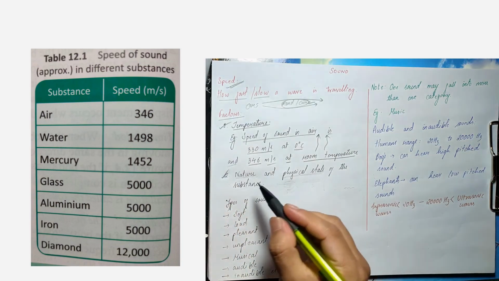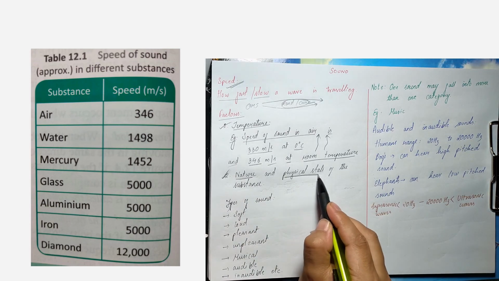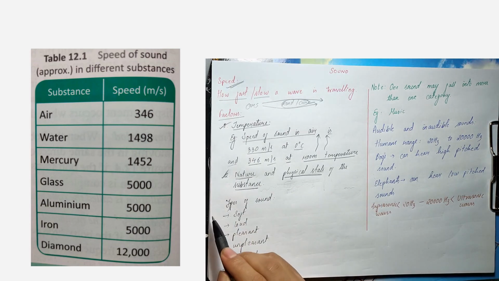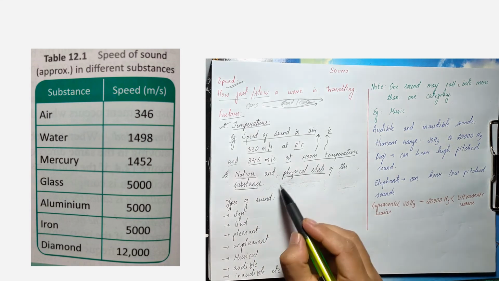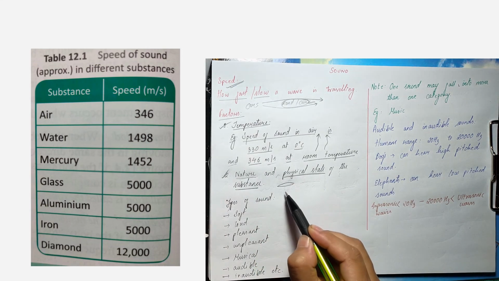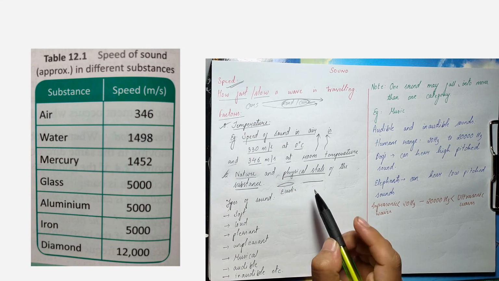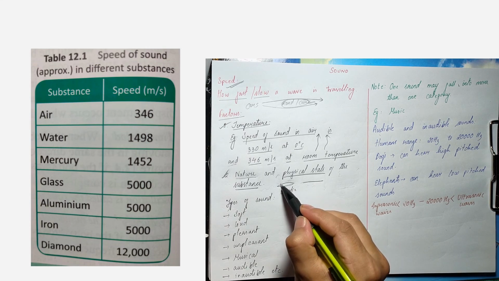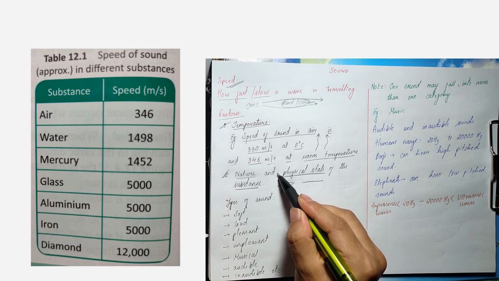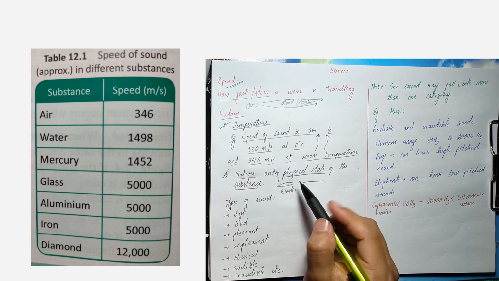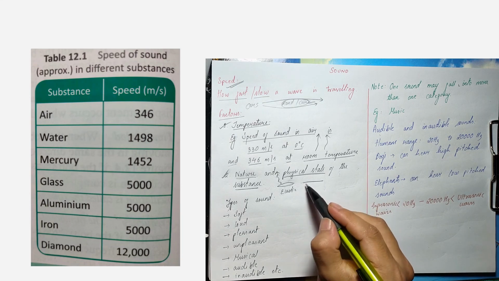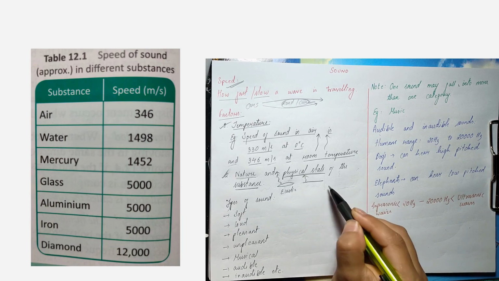The second factor is nature and physical state of the substance. Let us understand this with the help of examples. So let's say that we have two materials, an elastic band and a thread. Now when this produces a vibration, it will travel at a different speed than the vibration produced by this thread.